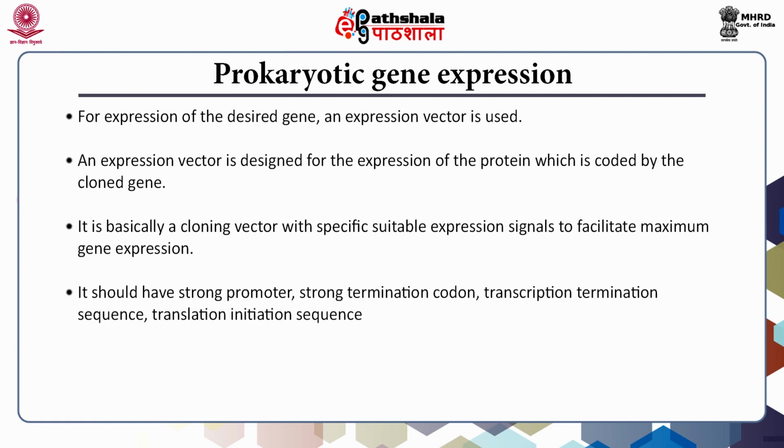The following expression signals are introduced to get maximum gene expression: strong promoter, strong termination codon, transcription termination sequence, translation initiation sequence, and adjusting the distance between promoter and the cloned gene.